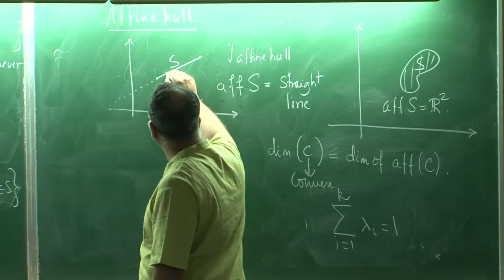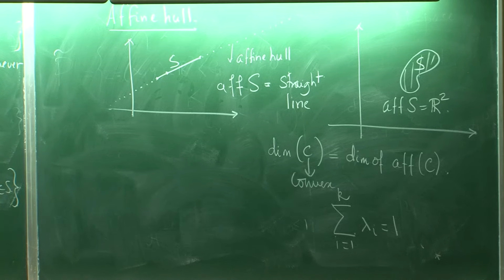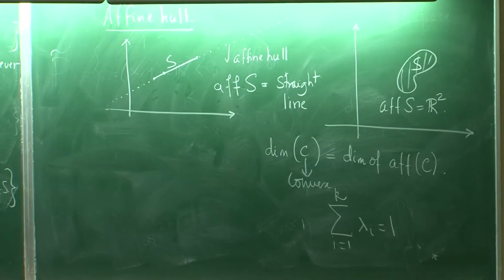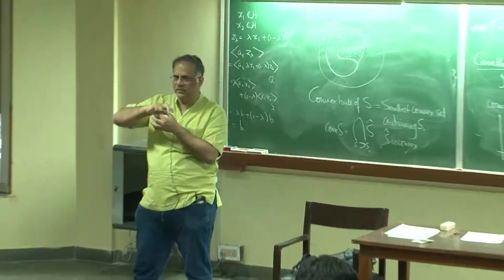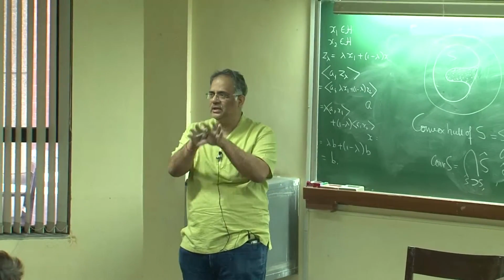If I take this point, you know the definition of the interior of a point in a set, or even on the real line: if you take a point and a ball around it, that ball should lie inside the given set. So, an interior point means given a point, I should be able to find a ball around it, for example in 3 dimensions, so that the ball is completely inside that set.